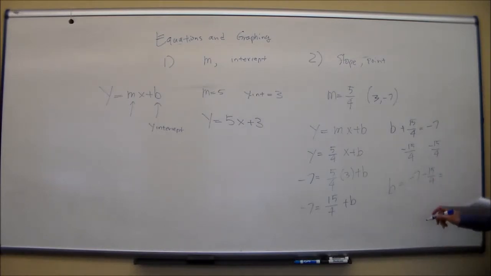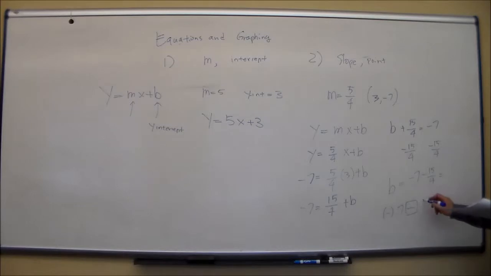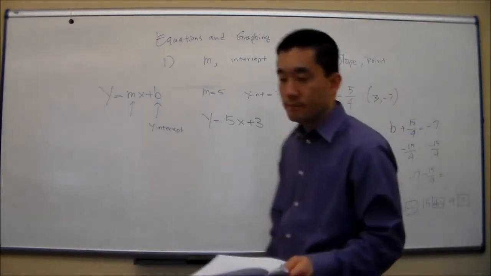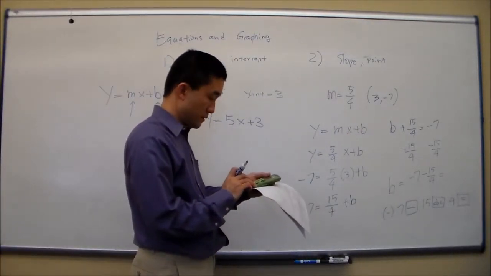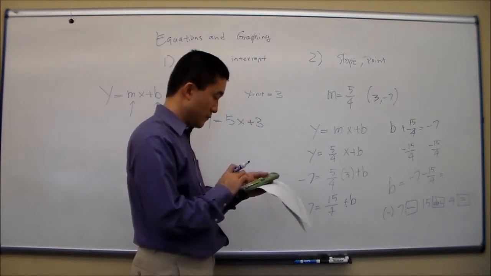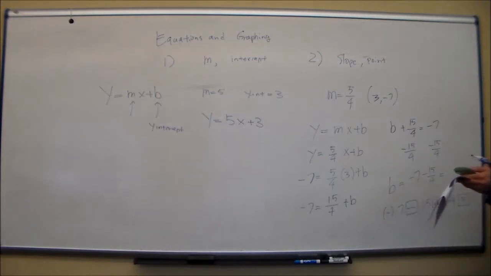So to do this in your calculator, type in negative sign, 7, minus sign, 15, ABC button, 4, is equal to, and you should get 10 3/4, but we want that in improper fraction, so press the second key and the ABC key.